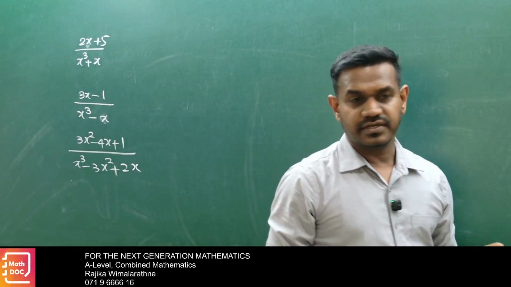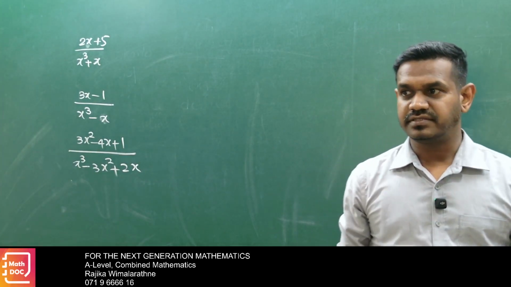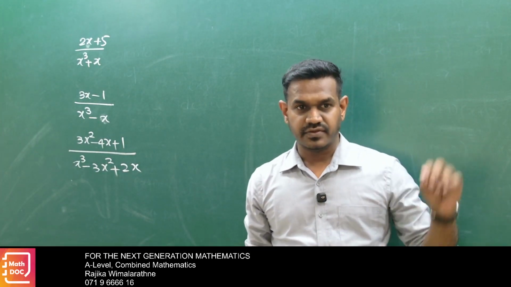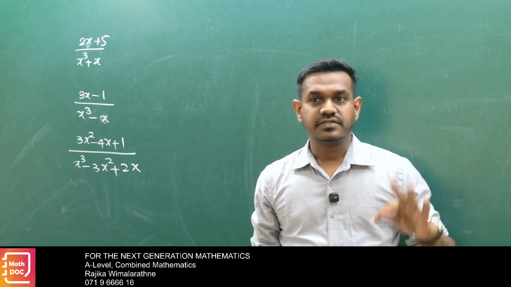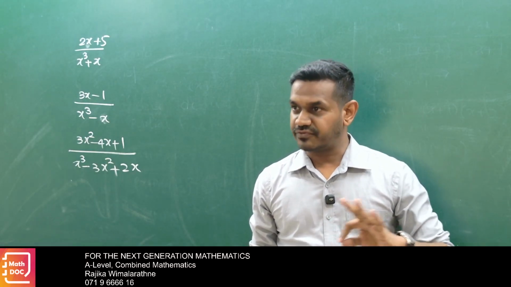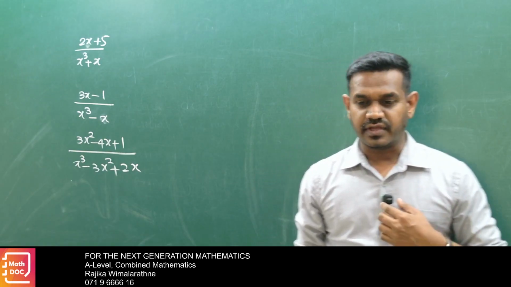So first you think whether it is proper or improper. Then you think whether we have factors in denominator. So if we don't have factors, we have to factorize completely, no? Okay, take time.